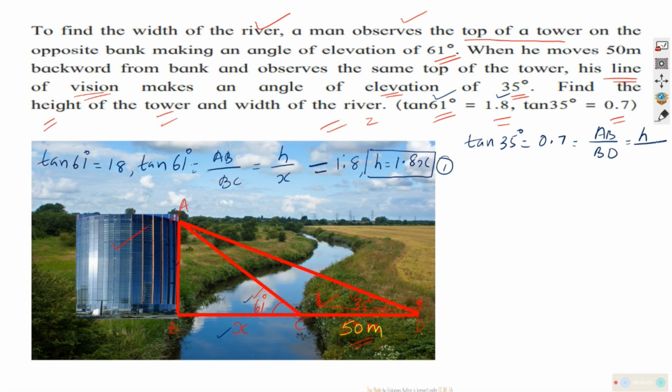In which AB is h as usual, like last time. BD is, we added 50, so it became x plus 50. Okay.